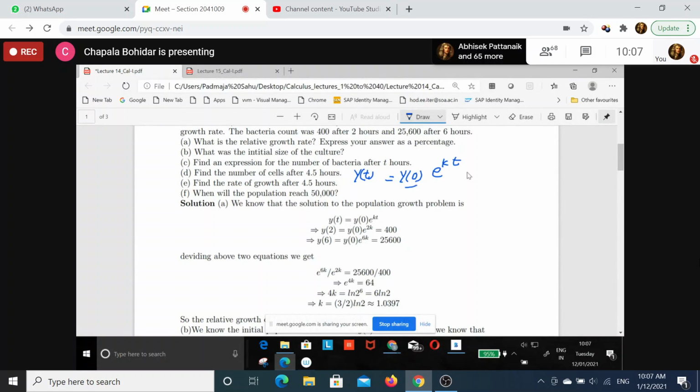We got the value of y0, we got the value of k, is it not? So what do we write down for y(t)? Tell me. y is the function of t. What do you write down?